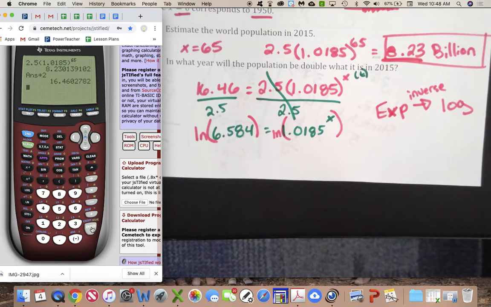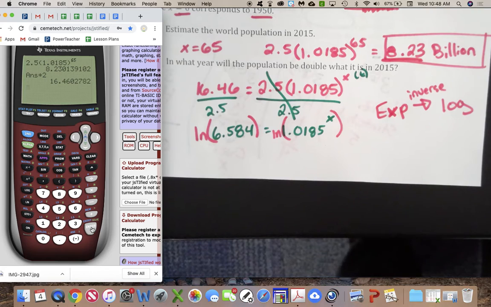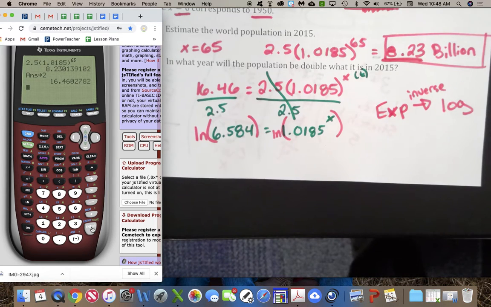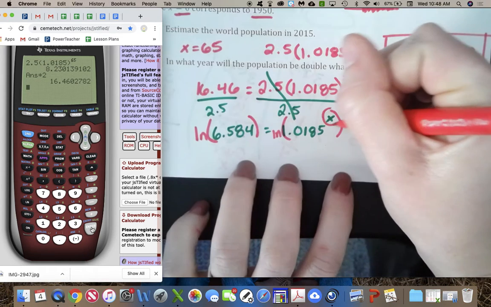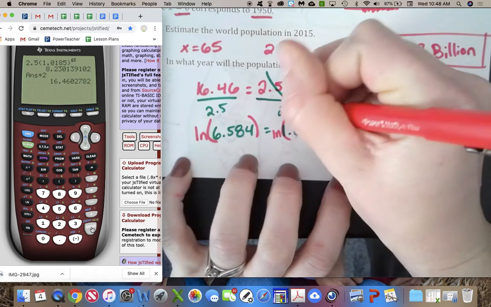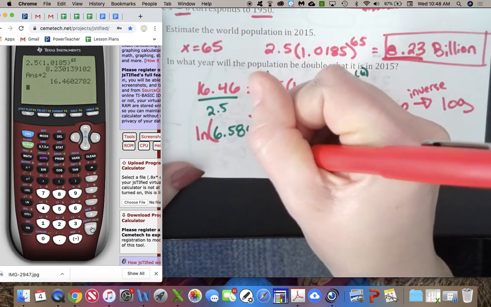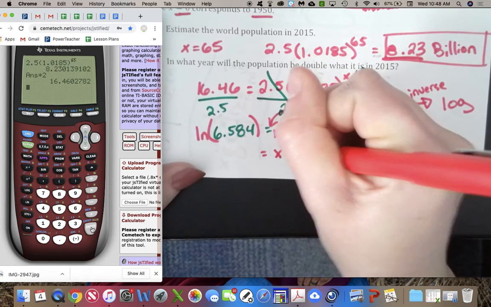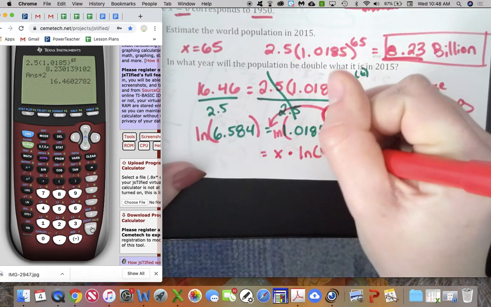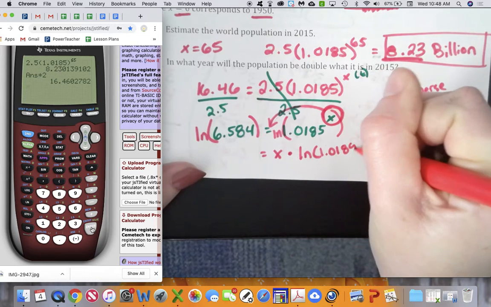Now, there is a special rule with logs that says as soon as I put a log in front of something, this exponent right here can come down in front. So really what this is doing is saying x times ln of this stuff is equal to ln of this stuff.